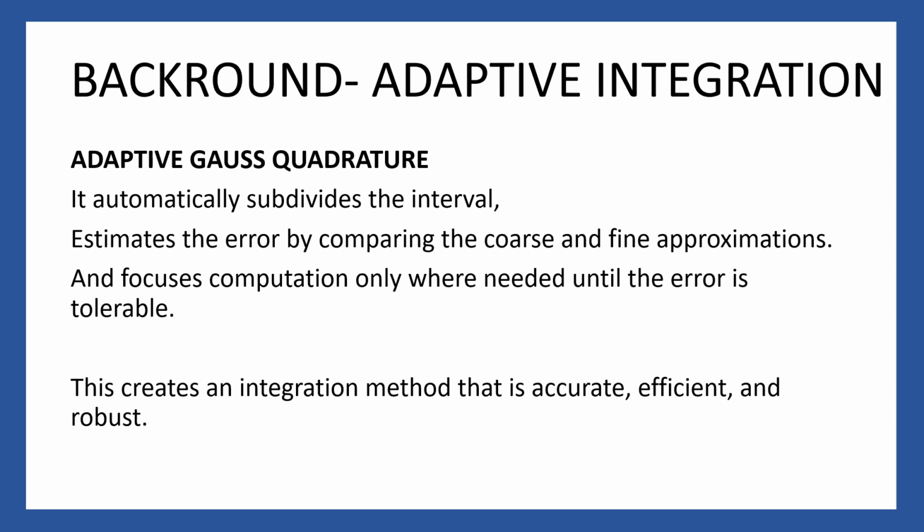It checks the error, and if the error is tolerable, it ends there. But when the error is not tolerable, it continues to subdivide until the error is tolerable. By doing that, it aims to create an accurate, efficient, and robust integration method.